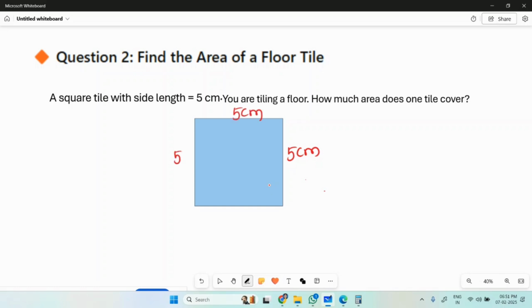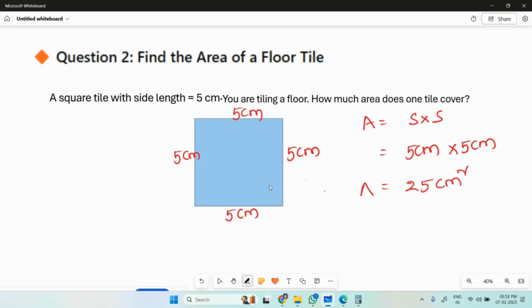To find out the area of square, we have a formula: side times side. One side is 5 centimeters and the another side is also 5 centimeters. Now area of a square is 5 times 5 is 25. Centimeter times centimeter is centimeter square. The area of a particular square tile is 25 centimeter square.